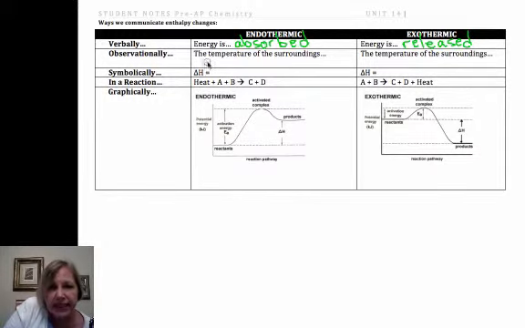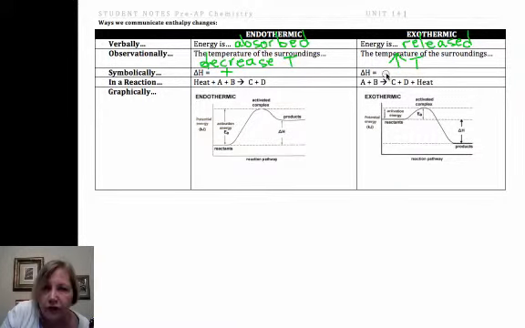In endothermic, the temperature of the surroundings decreases or gets colder. And here we would see an increase in temperature. It would get hotter for exothermic. Enthalpy is positive for endo, negative for exo. So you see, problems can choose one or more of these ways to tell you that it's endothermic or exothermic.